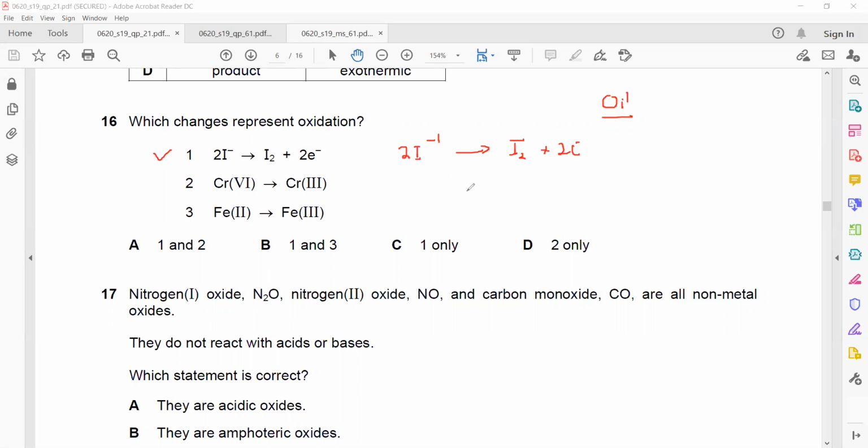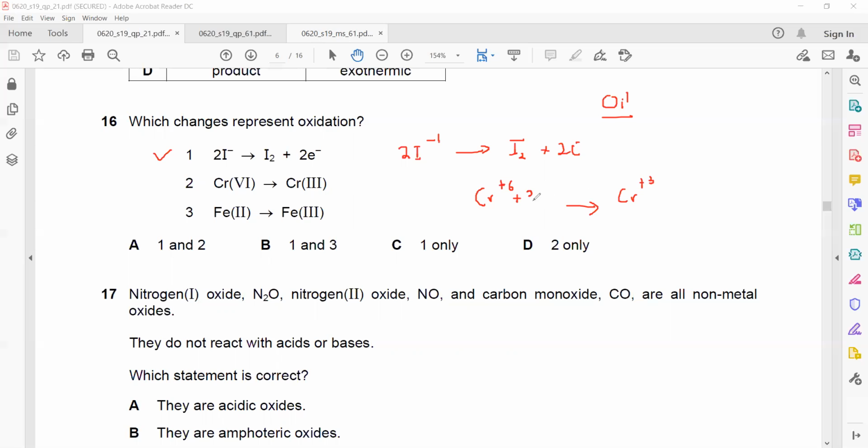The second one, chromium, already it is +6. Chromium has already lost 6 electrons. But what happened during the reaction? It changes into chromium 3. So chromium 6 is changed into chromium 3. How will it convert into chromium 3?